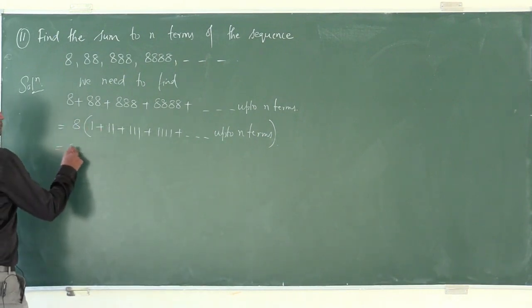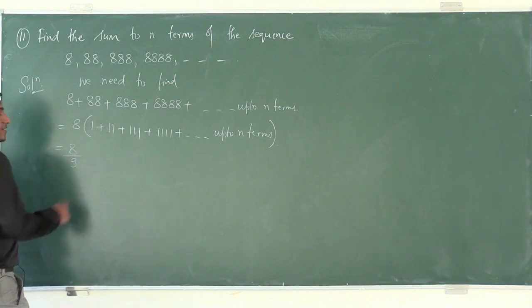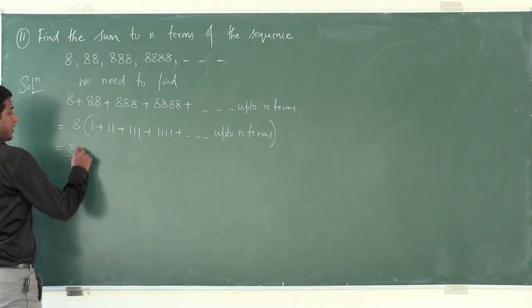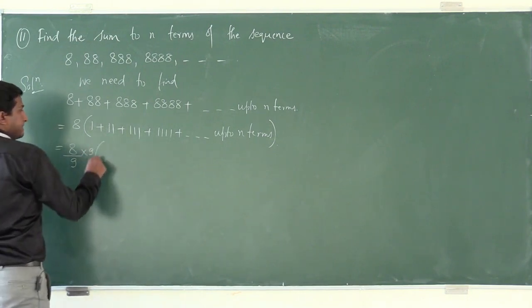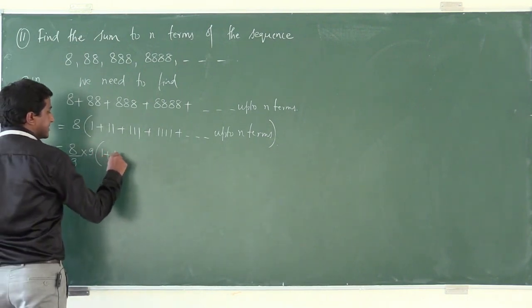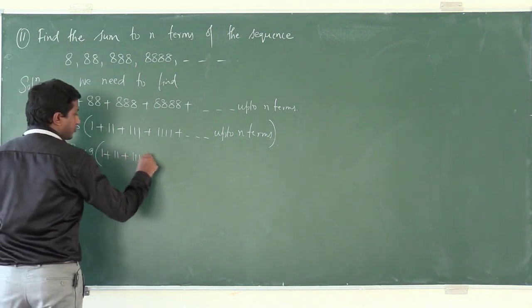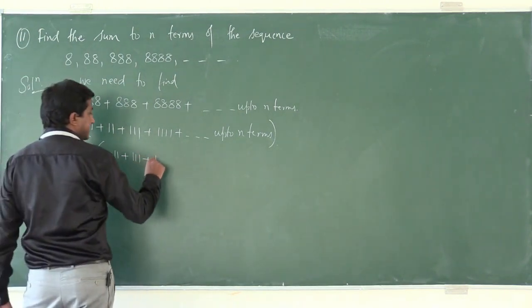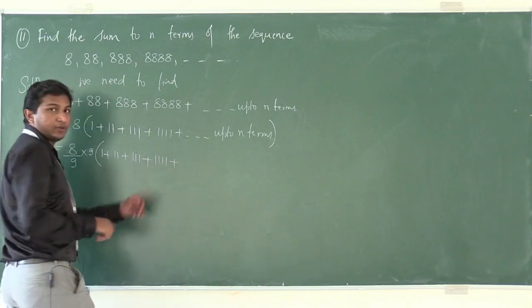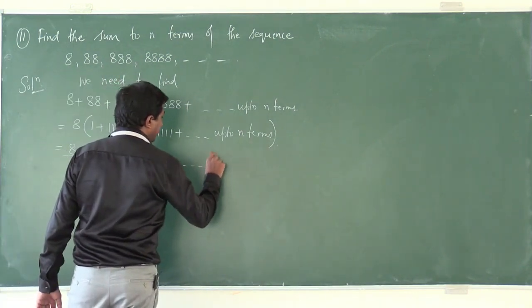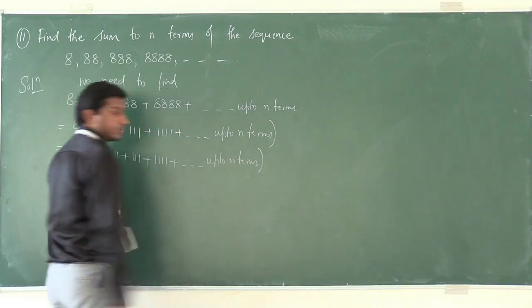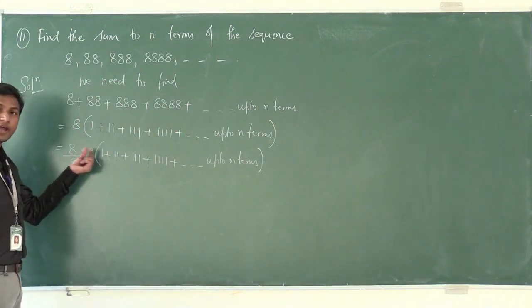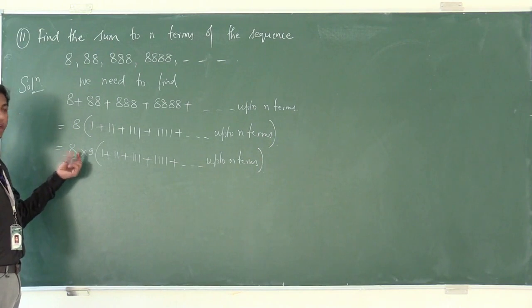Multiplying and dividing by 9, we get 8 into 9 by 9 into 1 plus 11 plus 111 plus 1111 plus so on up to n terms.